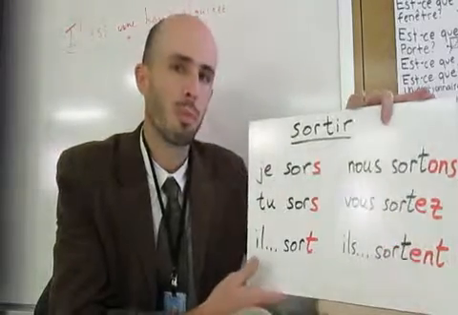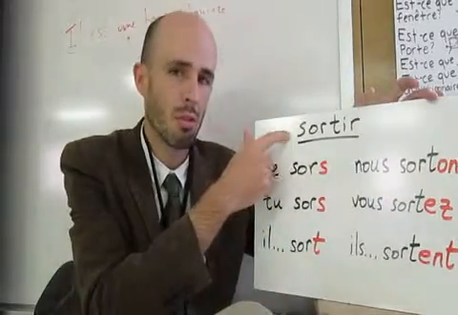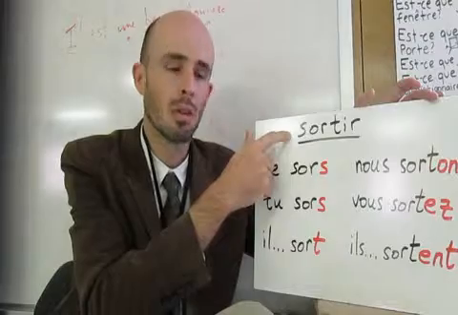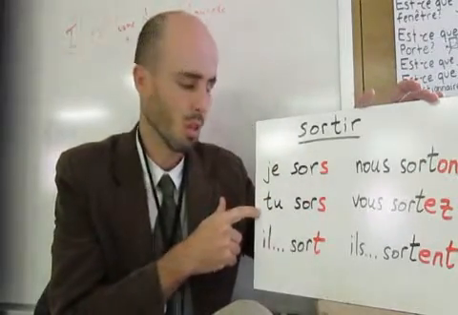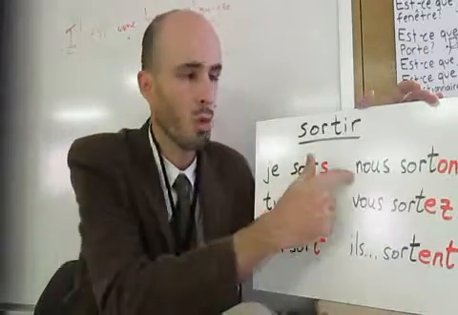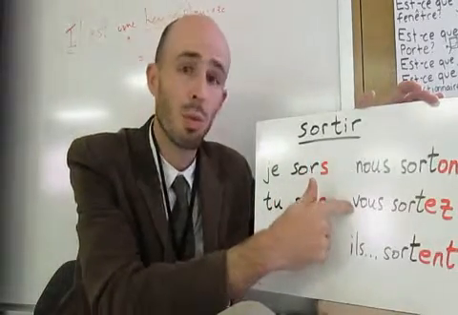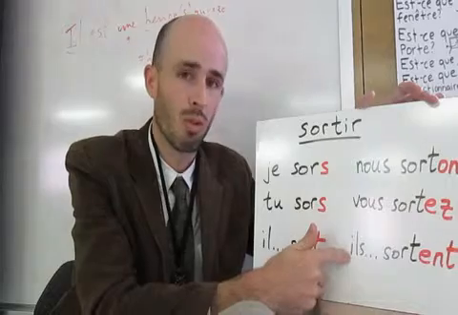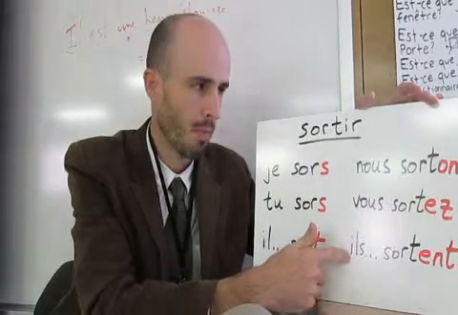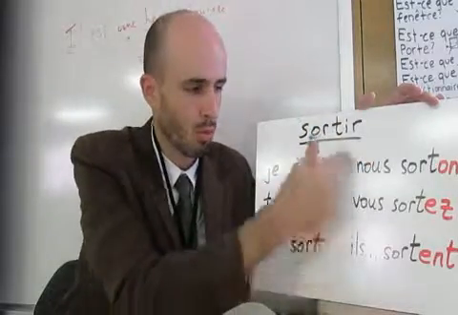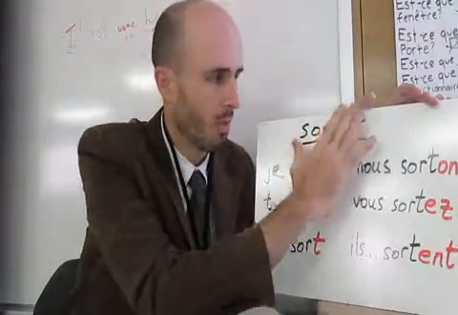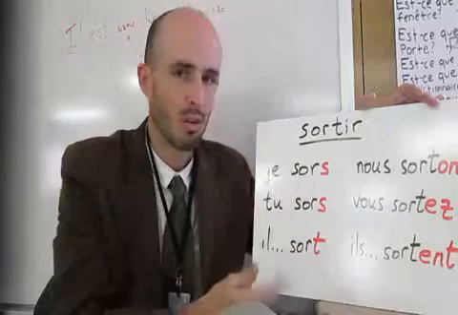So again, repeat with me: sortir, je sors, tu sors, il sort, nous sortons, vous sortez, ils sortent. In other words, you drop off your IR to get these forms, and drop off the next letter also to get the singular stem.